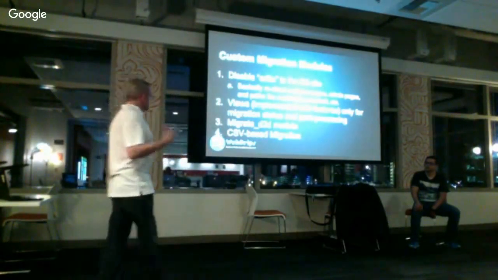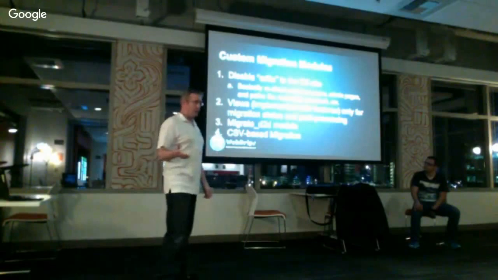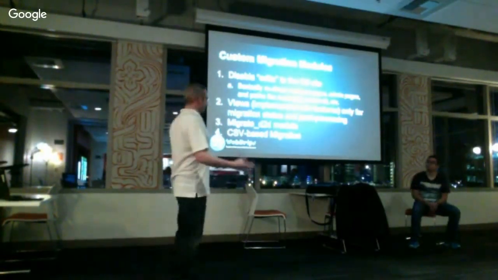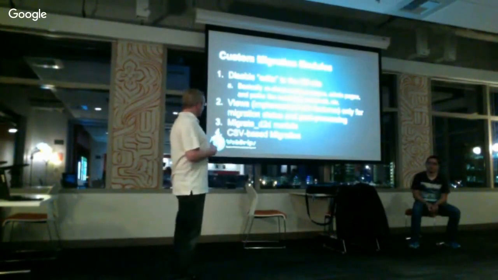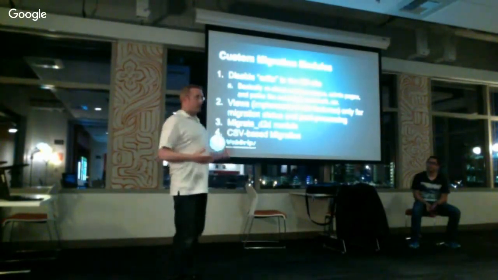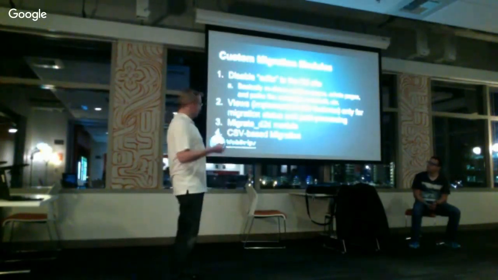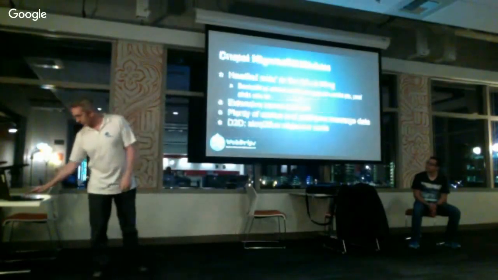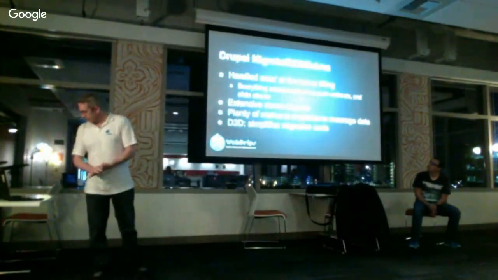We had a small module that was a view just being used for displaying the migration status. And then we had a module for the Drupal to Drupal implementation, and then one for the CSV implementation.